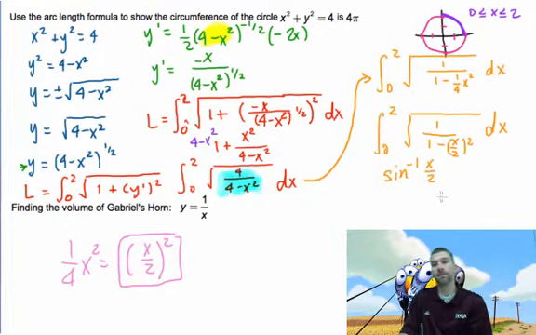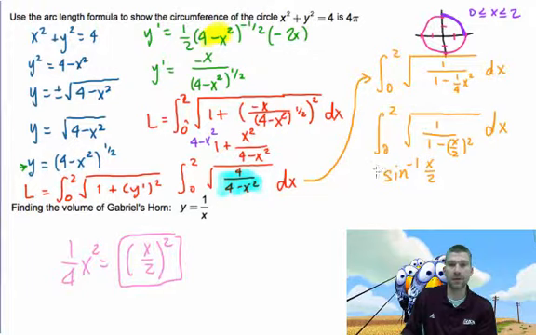I want to find the total length of everything, so I need to keep in mind that I'm doubling all of that. So I'm going to have a 2 in front, and I'm evaluating it from 0 to 2.